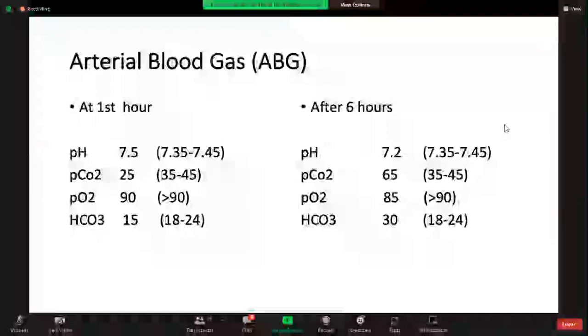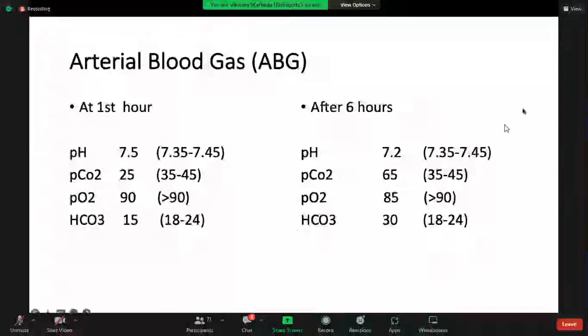There is a compensation going on in the bicarb level, which is high right now. So that is a respiratory acidosis, madam, with partial compensation. What do you think the reason is? Would you expect this? Is this a normal finding? It is a type 2 respiratory failure, madam. Type 2 respiratory failure. Yeah, very good.